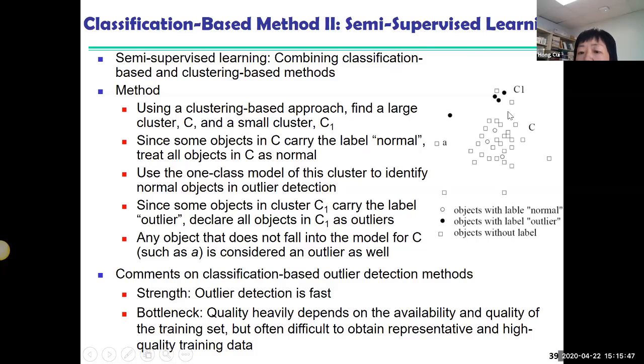And you can find a large cluster with normal data labeled and use that as a normal training example. Then you can use co-training schemes, or use active learning schemes to ask the algorithm to check and label more examples.